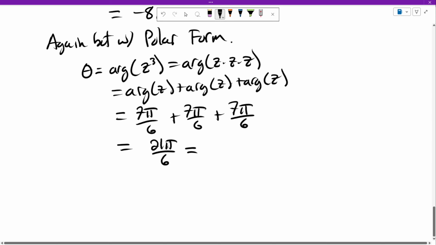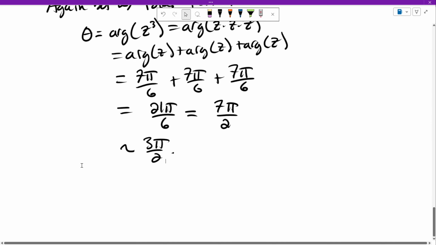So 3 goes into 21 7 times and 6 twice. So we have 7 pi over 2, which is similar to the angle, what? 4 pi over 2 is the same as 2 pi, so this is sort of similar to 3 pi over 2. I want to put it in this form just so I can compute cosine and sine.